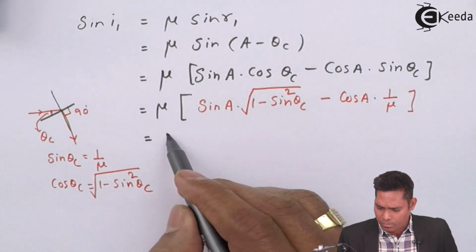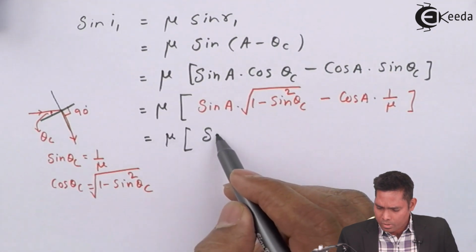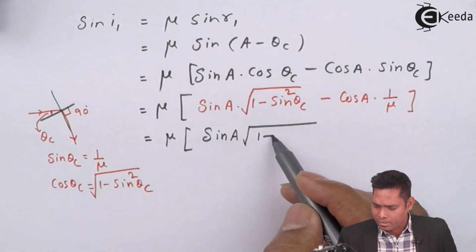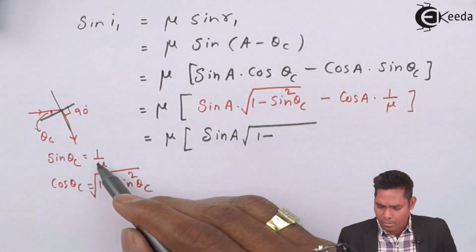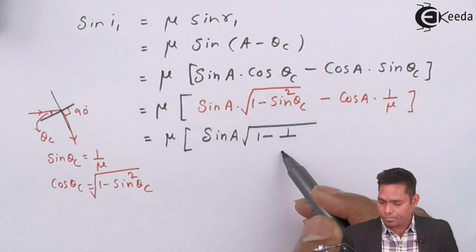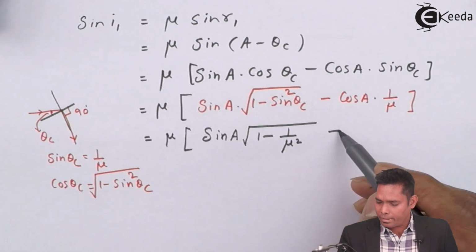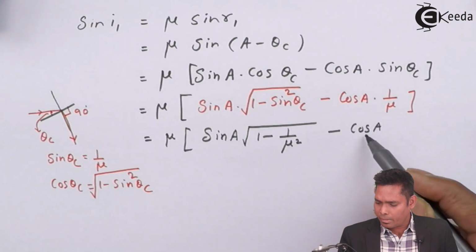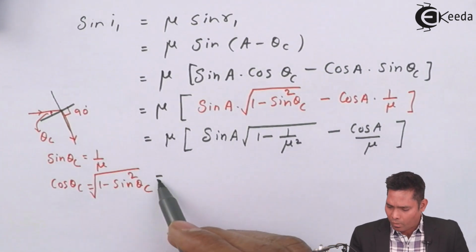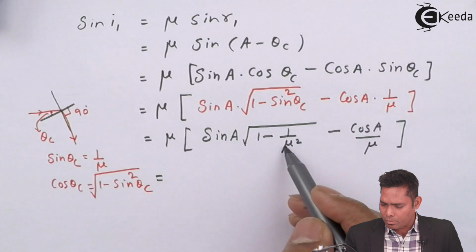So this equation becomes mu sine of A under root of 1 minus sine square theta c, which is 1 by mu square, minus cos A divided by mu. If I solve this, this becomes the root of mu square minus 1 divided by mu.